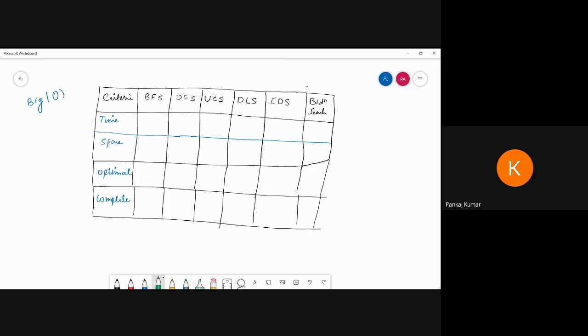If I'm talking about the time complexity of BFS, in BFS we go level-wise, so whatever the depth, we explore everything. So I'm going to write order of b to the power d. Here b equals branching factor and d equals maximum depth. So everything should be clear.